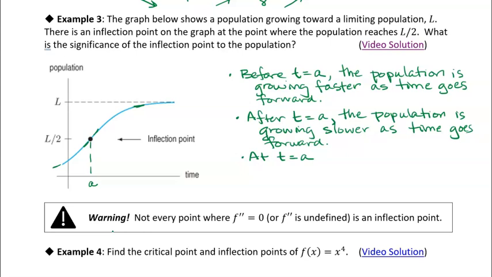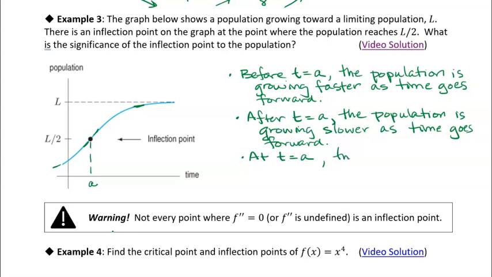So it's growing at slower and slower rates. So the slopes are increasing, and then the slopes are switching to decreasing, and so the population is growing the fastest at t equals a, right?